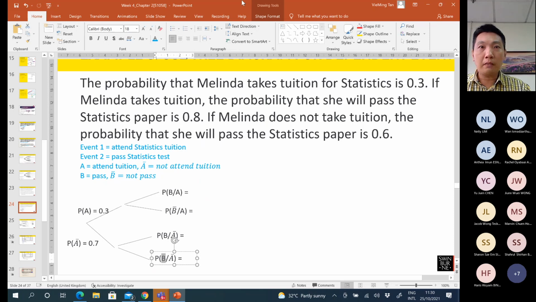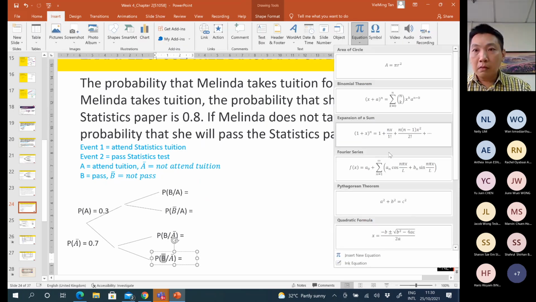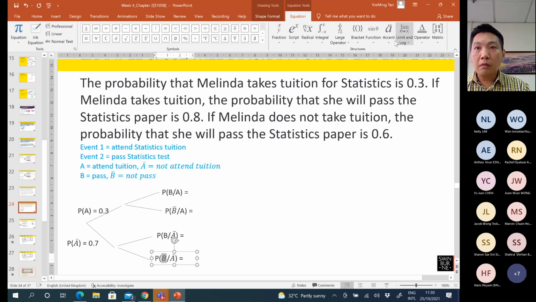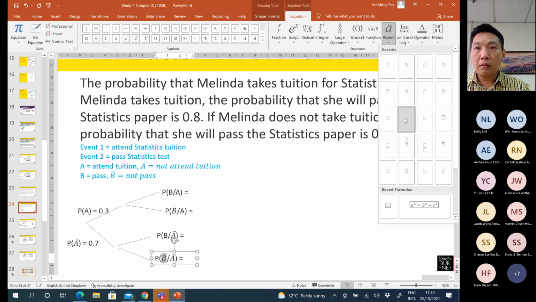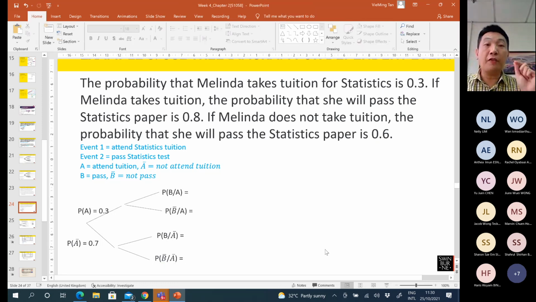This one changes to B bar. So now I have to fill in the figure.